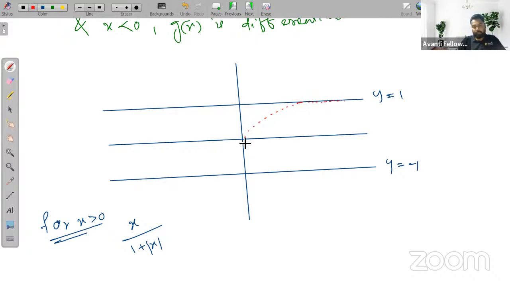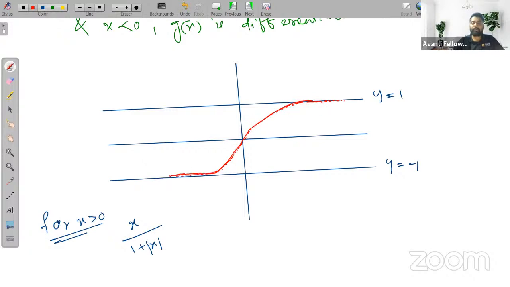And the minimum value will be like this. Okay, is that clear? So this is the graph of the given function g of x, and you can observe that this graph is continuous everywhere. There are no points where the graph of the function is broken.